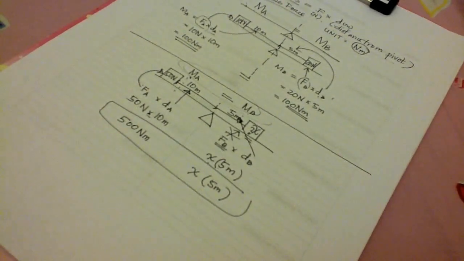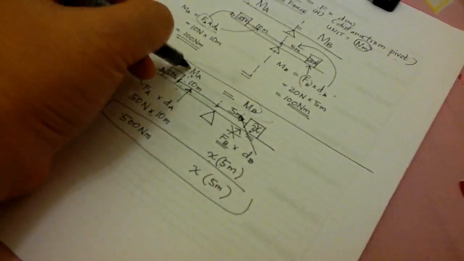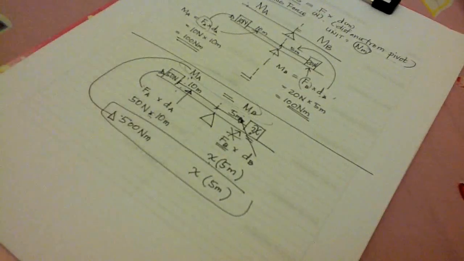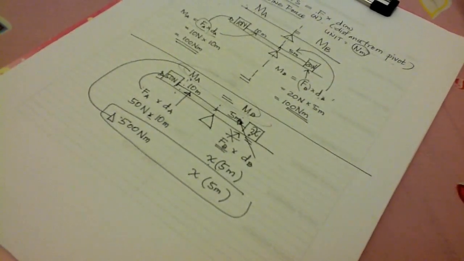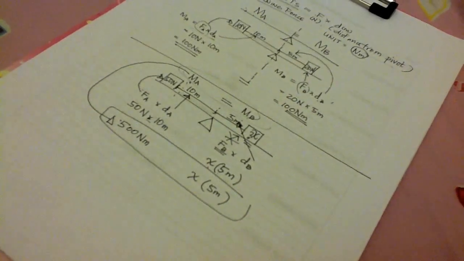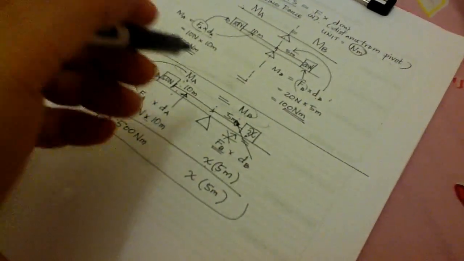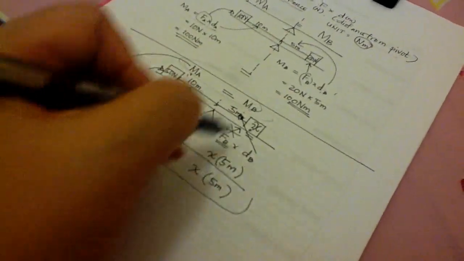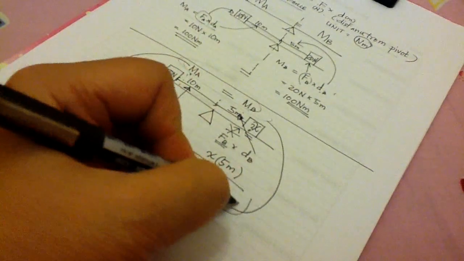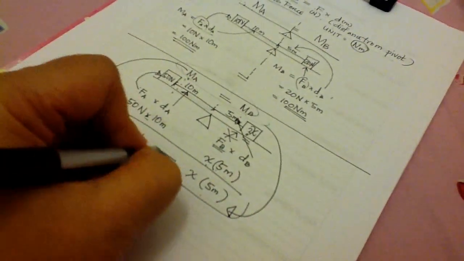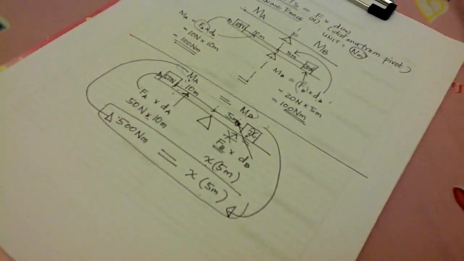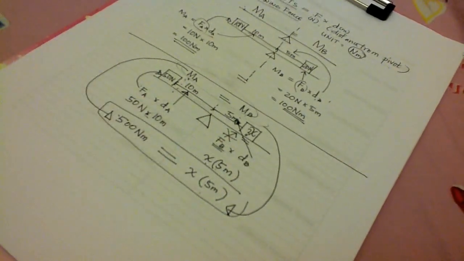If the seesaw is balanced, since 500 Newton meters is the moments of side A, that means this one is the moments of side B. So we know that these two should be equal because the seesaw is balanced.